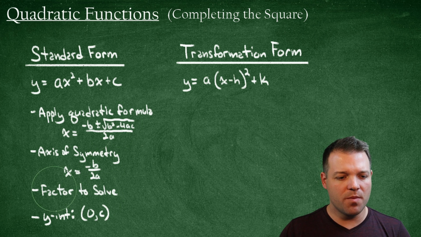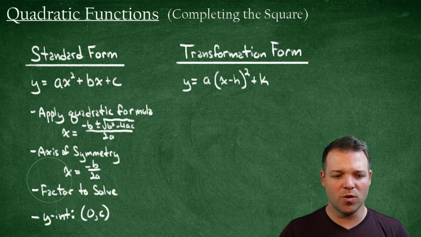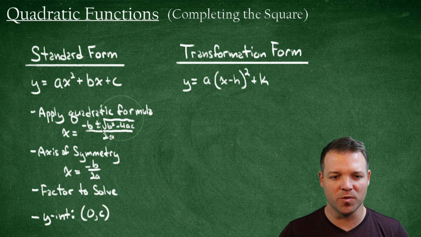Anyways, also in standard form, we have many different factoring methods that we learn and practice a lot to solve, mostly so we don't have to apply the quadratic formula if it's not necessary, because it's so long and you can be prone to mistakes. So we like to factor to solve if we can.